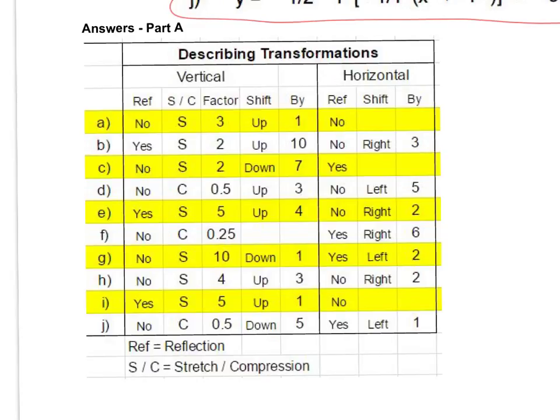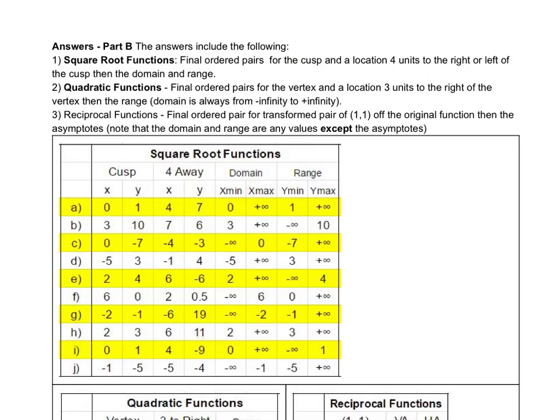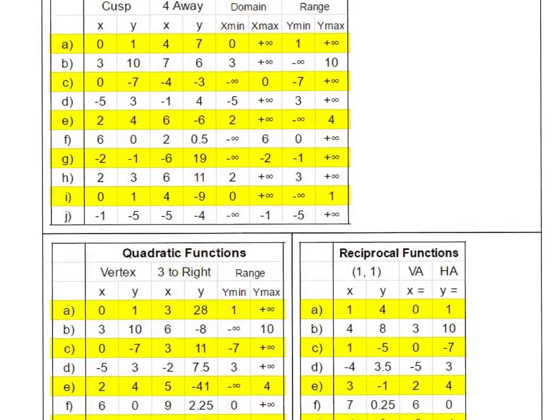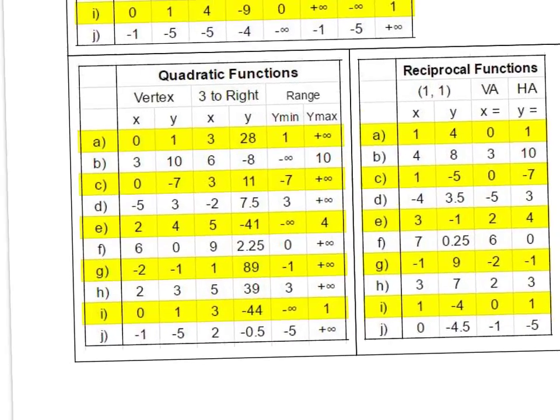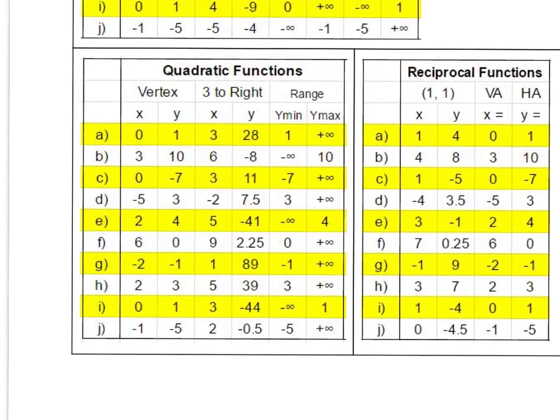And then if you go to the next page, you'll see that there are now answers for the quadratics. So we're going to again be working on row I for quadratics. It says the vertex should be at 0 and 1 when we get done.